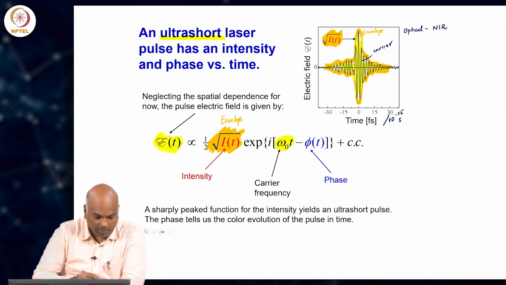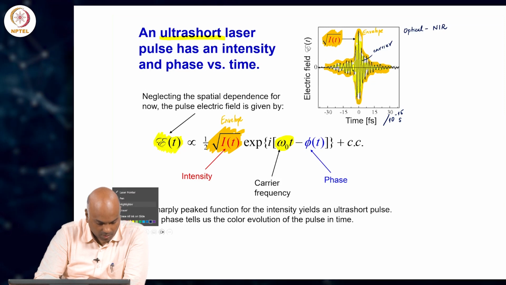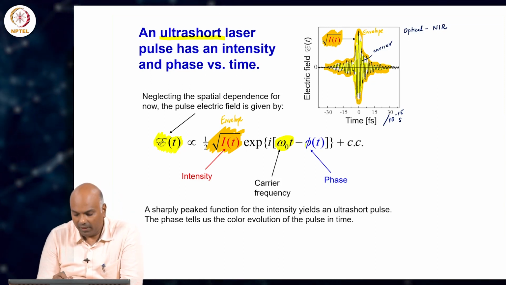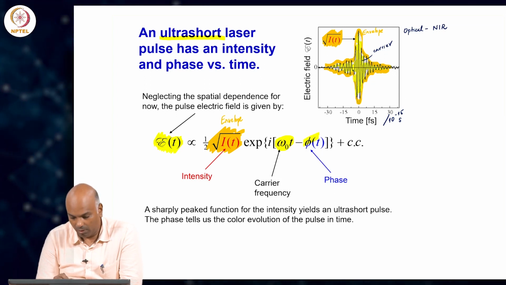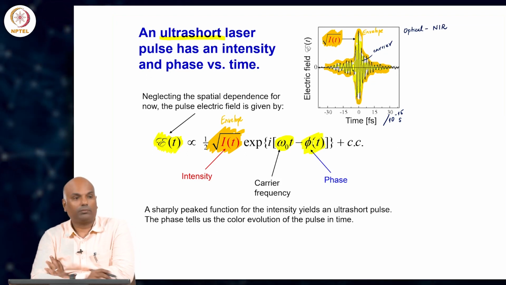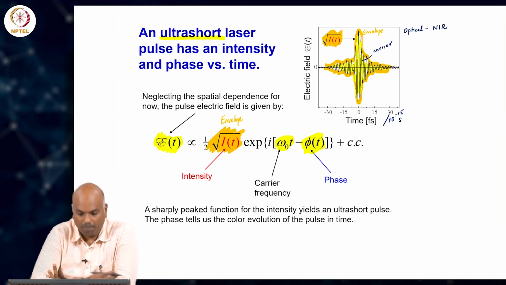right. But then now things get a little bit more sophisticated. We have an additional function which I have deliberately introduced here, which we call a certain phase function phi of t. Right.